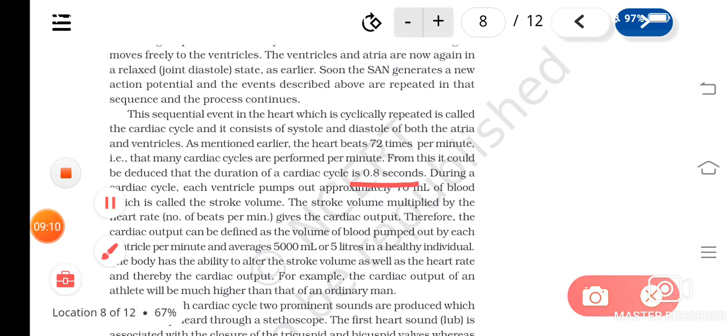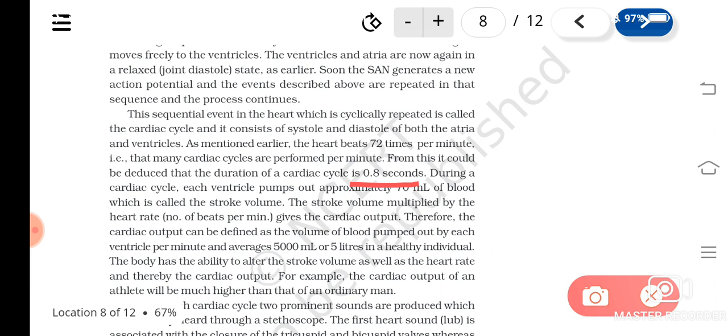To complete one cardiac cycle, from the joint diastole to the atrial systole, then the ventricular systole, and then again the starting of the joint diastole, this much will take around 0.8 seconds. Understood?